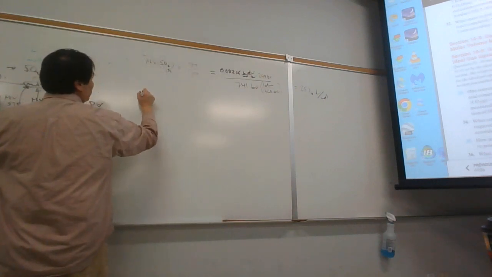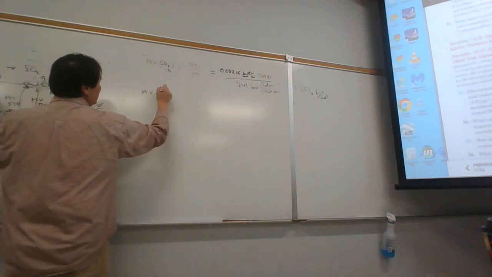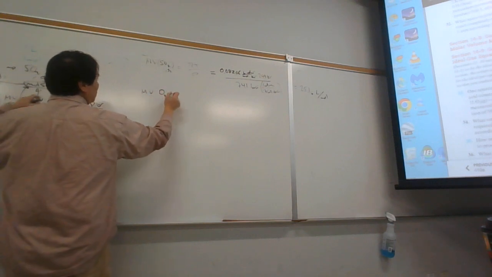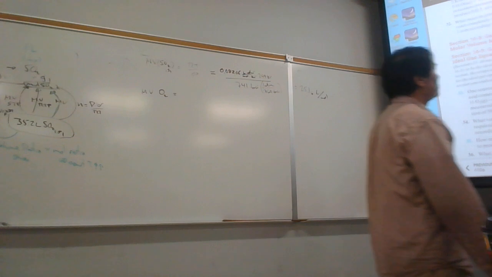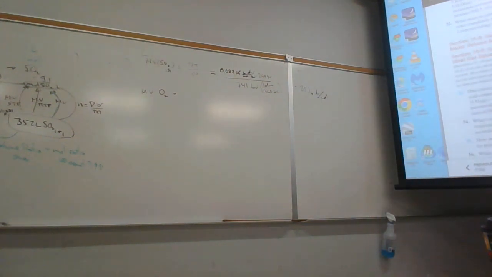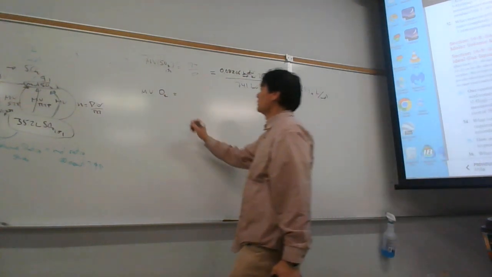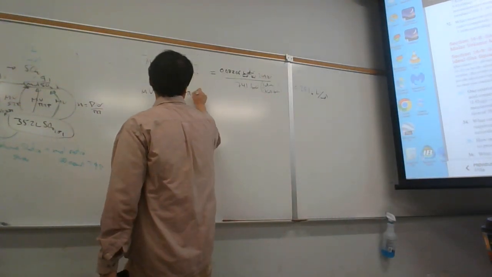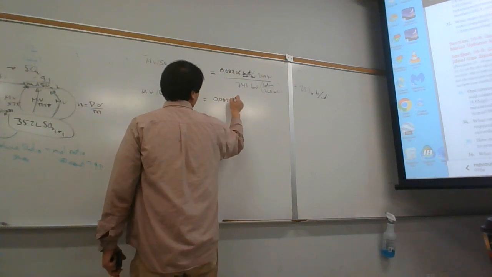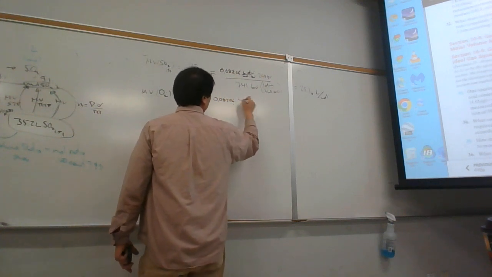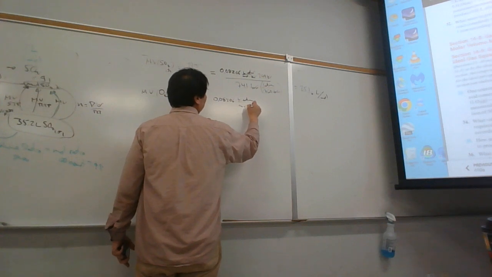Now, the molar volume of the O2 is going to be different because they're collecting the O2 under different conditions. And so the O2 is going to be collected at 17 degrees C and 847 torr. And so we're going to calculate the molar volume of the O2, RT over P. This is going to be 0.08206 liters atmosphere per mole Kelvin.